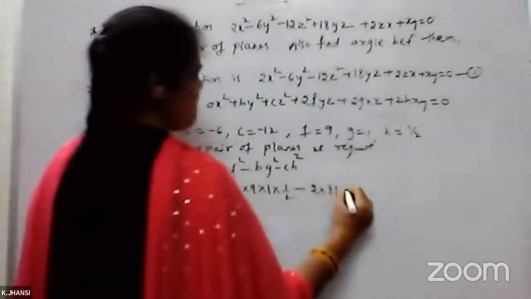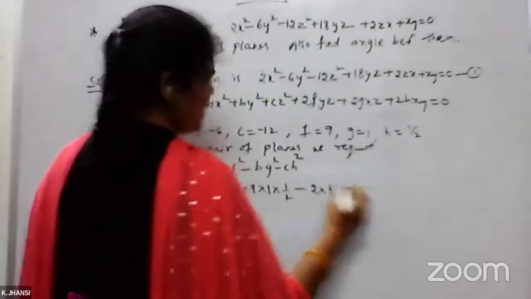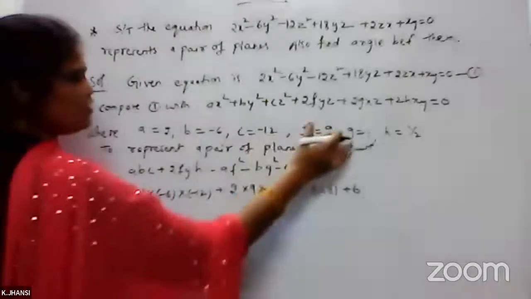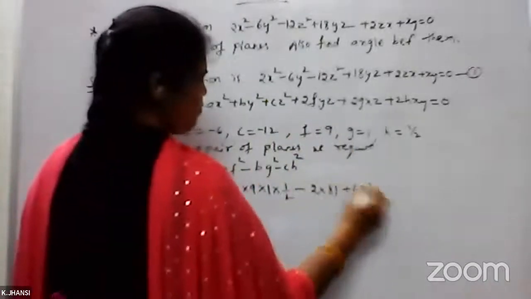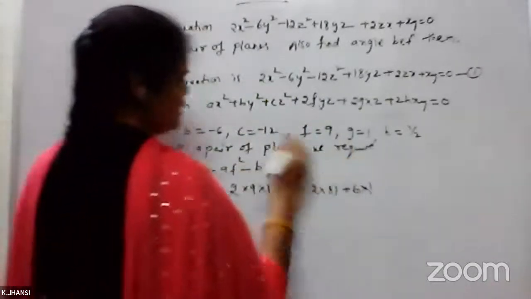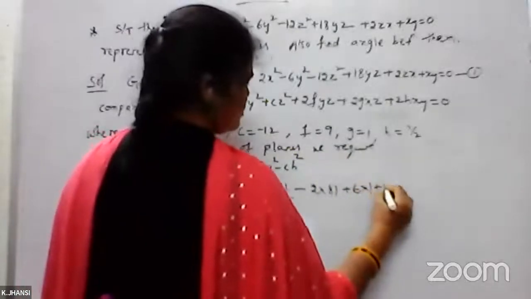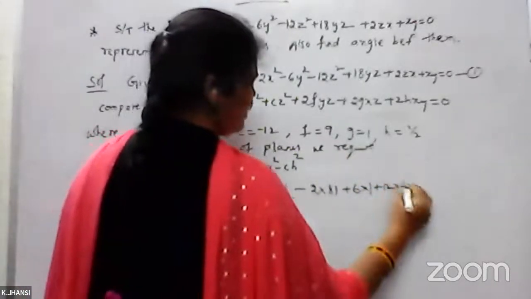After that minus B, minus into minus is plus 6 into G square, G square is 1. After that minus C, you will get plus 12 into 1 by 4.